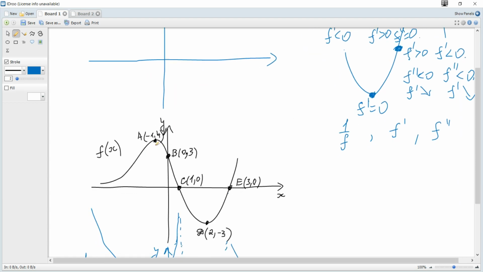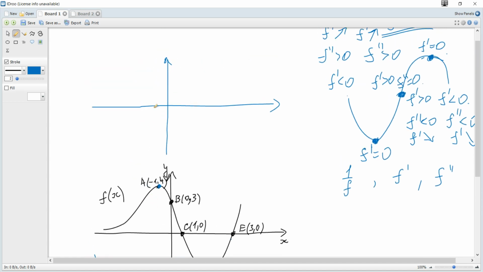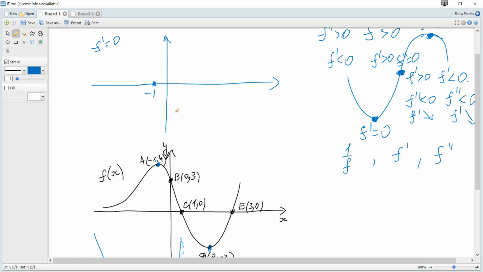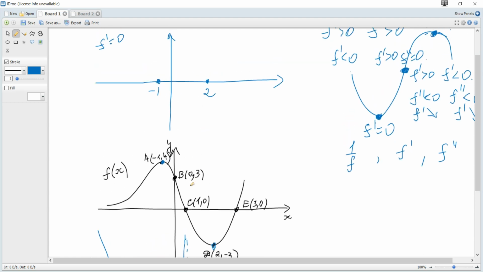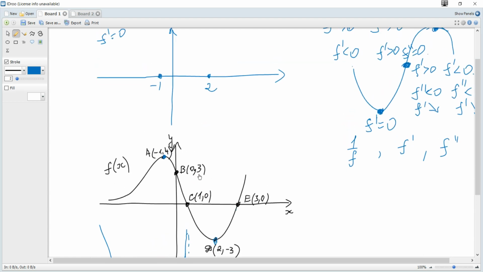So we can see these points, so maximum or minimum, or turning points, points where there is a horizontal tangent, it will be 0 for the derivative. So at -1 and at 2, the derivative is 0.